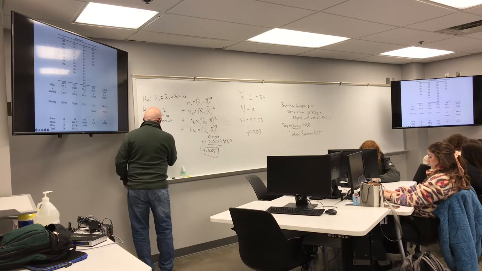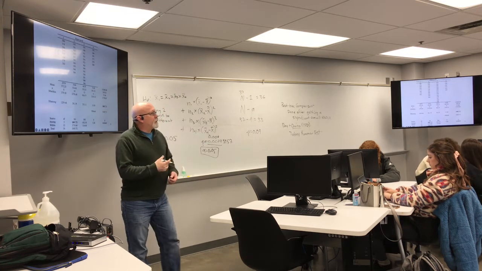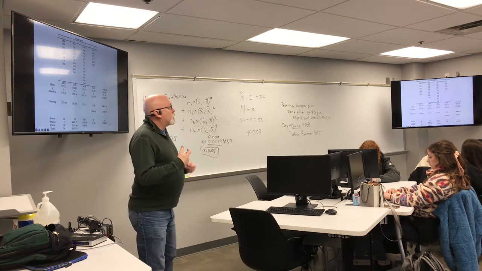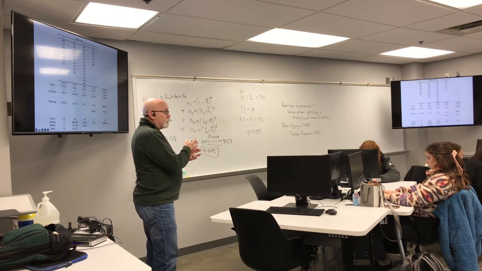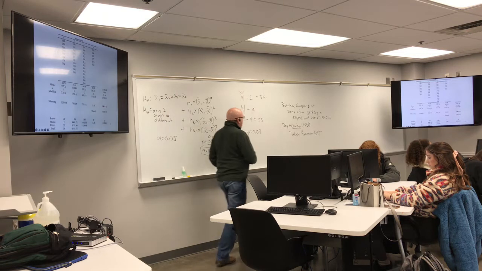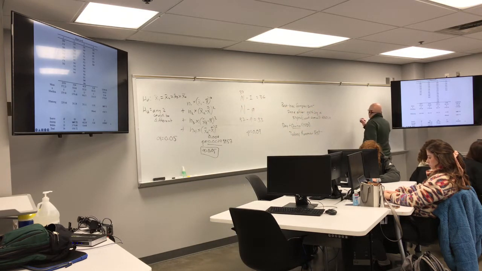I've taught you that alpha is the type 1 error rate, but alpha is also the critical p-value. It's the boundary. And if you want to think of it this way, it's a boundary for decision making.